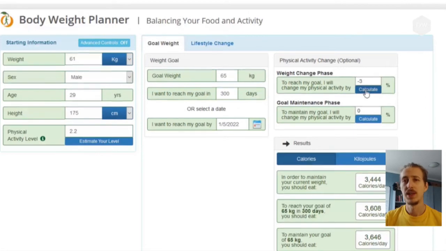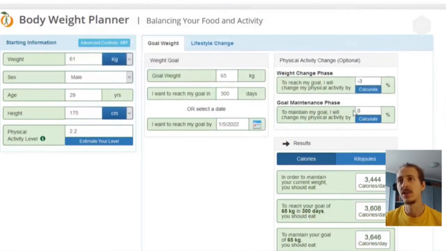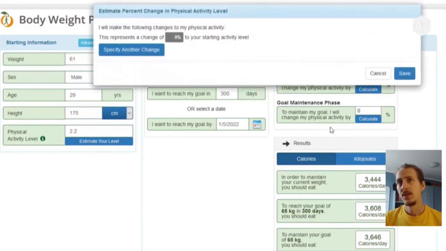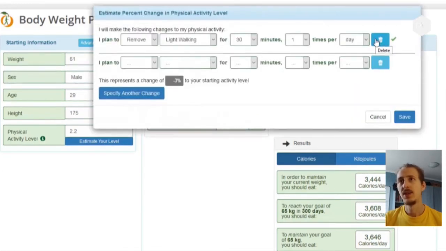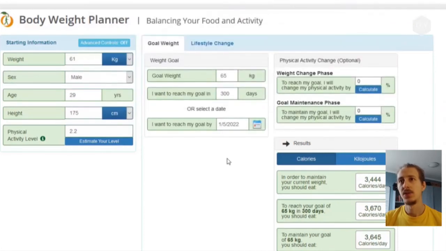If I am currently walking 2 hours a day purposefully, I can limit that by 30 minutes, and this will save me maybe 100 calories. But I will remove it here, so we don't have skewed results.